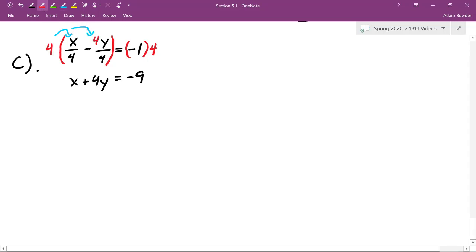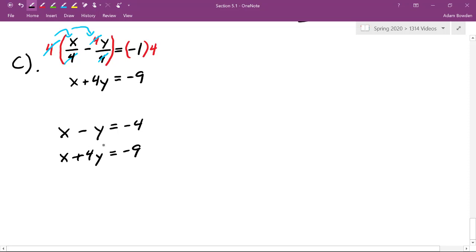So everything's going to get multiplied by 4. I can cross out that 4 with the denominator. So the system would change to be x minus y equals negative 4. And so then we'd have also x plus 4y is equal to negative 9.